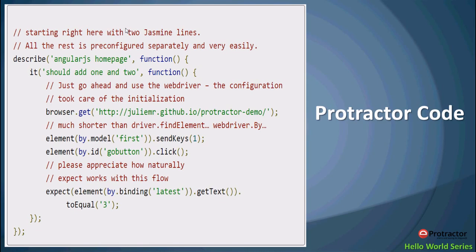So what you can do, browser dot get URL, that's it. If you want to fetch any element, you can simply say element by model, by ID, by CSS, like that. So again, if you see browser, element, expect, all these are global functions provided to us by Protractor.